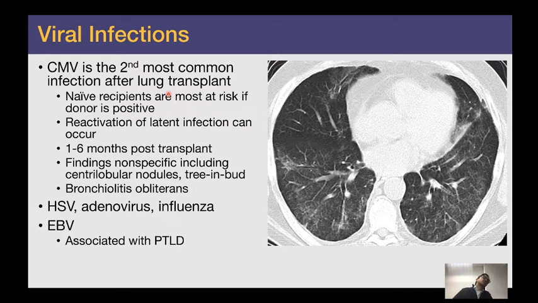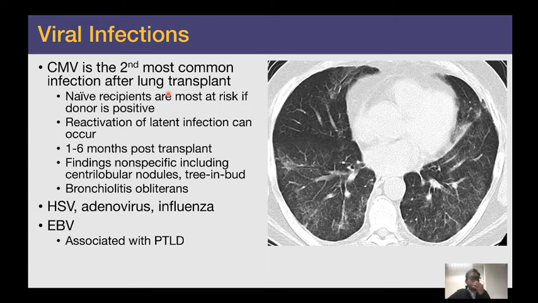But CMV occurs particularly commonly if the recipient is naive to CMV and the donor is positive for CMV. But it can also occur in other situations, like as a reactivation of a latent infection. And this is usually something that happens in the first 6 months after transplant.